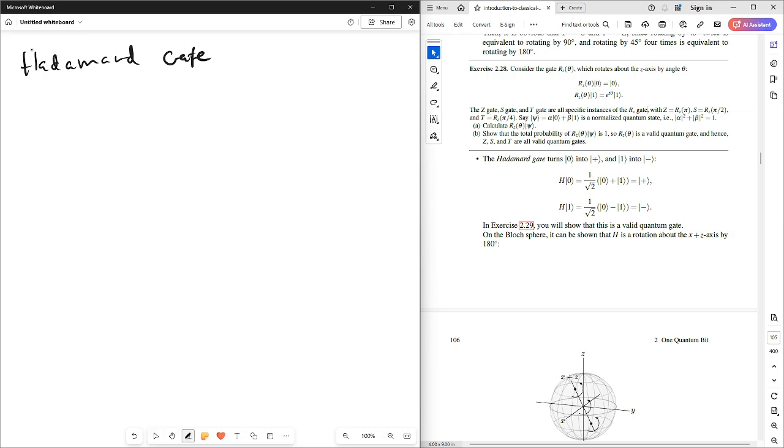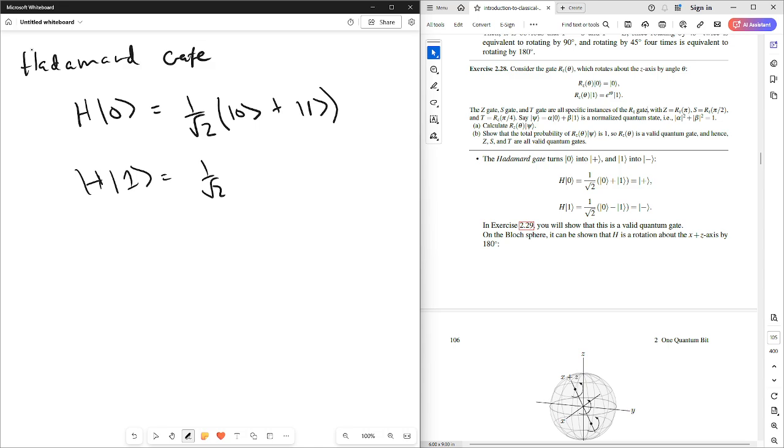So let's take a look at the transformation for H. It turns state 0 into an equal probability superposition of 0 and 1. This is our plus state, and it turns state 1 into our minus state.